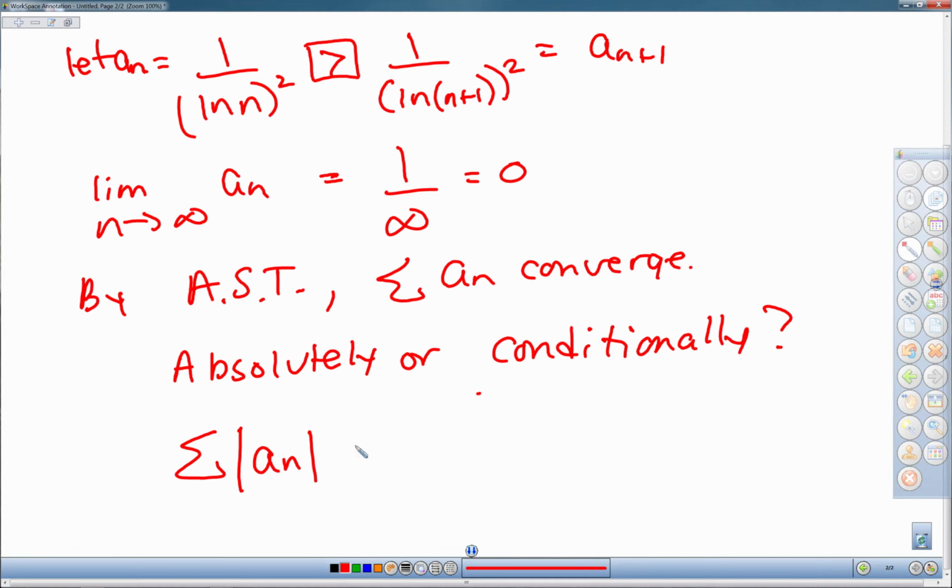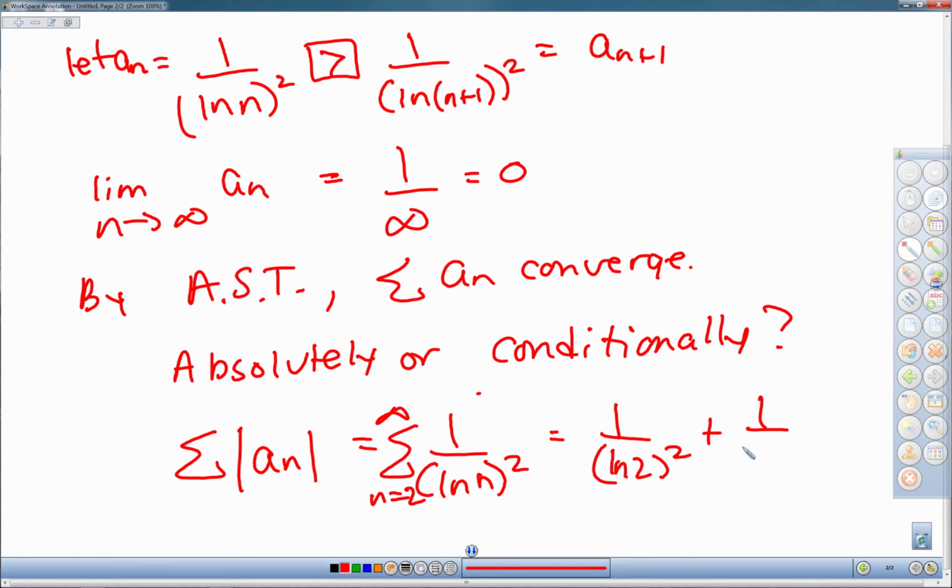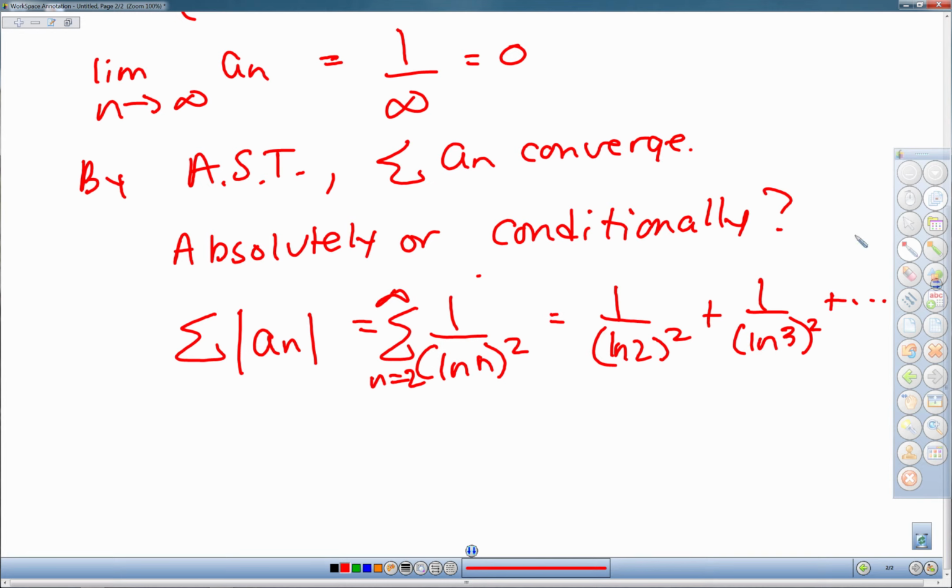That's going to be 1 over the natural log of n squared, and we take the series from 2 to infinity, so that's 1 over the natural log of 2 squared plus 1 over the natural log of 3 squared plus so on and so forth. The first question I want to ask is, can we compare this to something, and how would this series compare to the harmonic series?